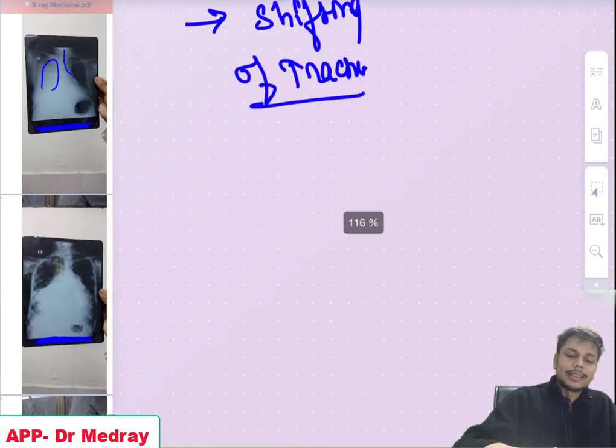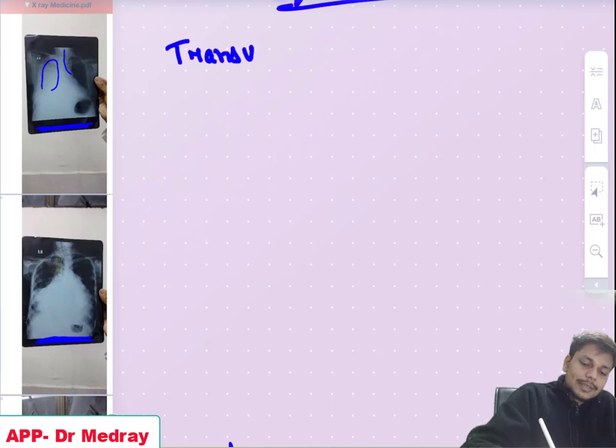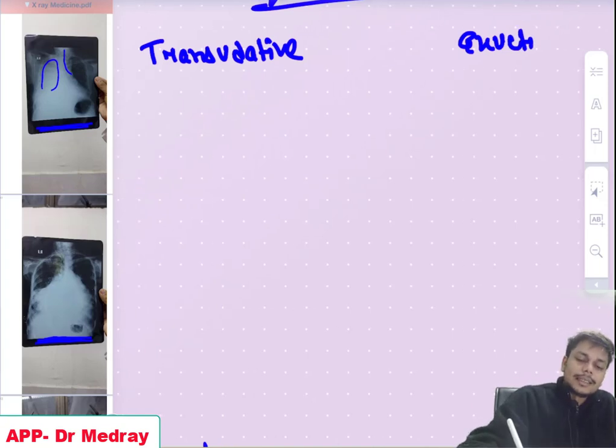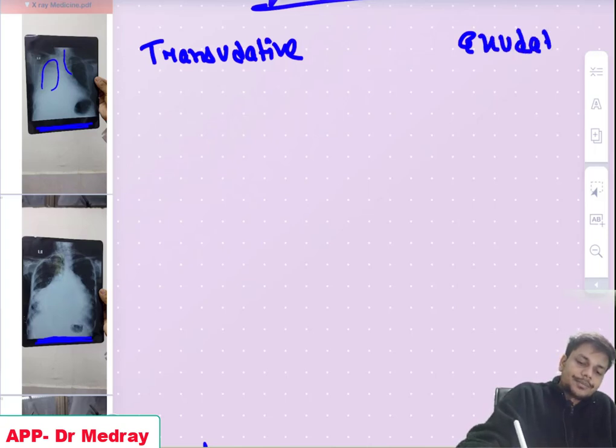What causes pleural effusion? What you may be asked is, what are the causes of pleural effusion? Pleural effusion can be either transudative or exudative. So when you are asked about the cause of pleural effusion, you should answer in the way I am writing, that the pleural effusion can be transudative or it can be exudative.